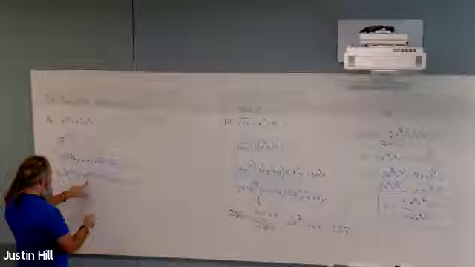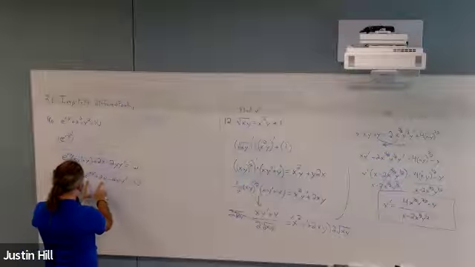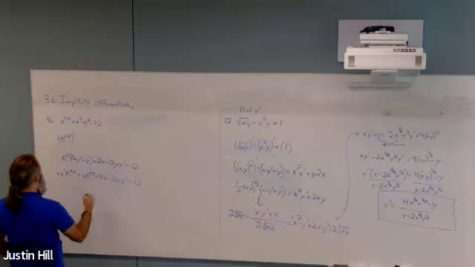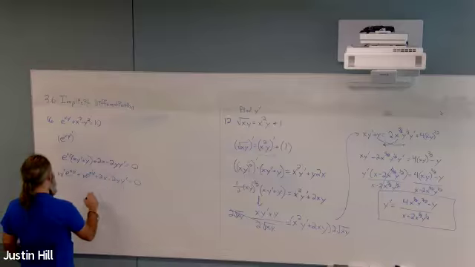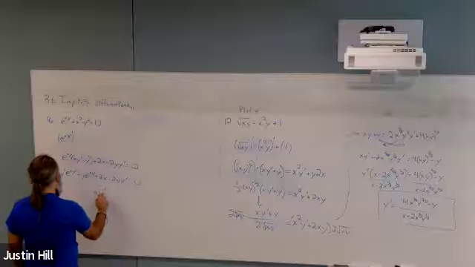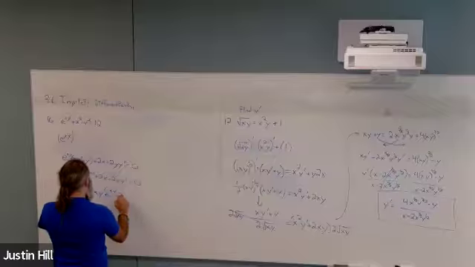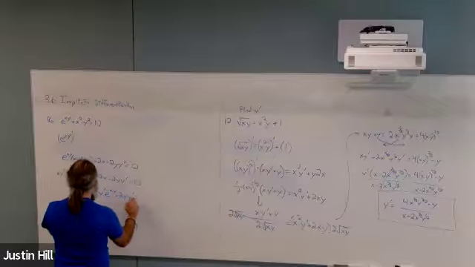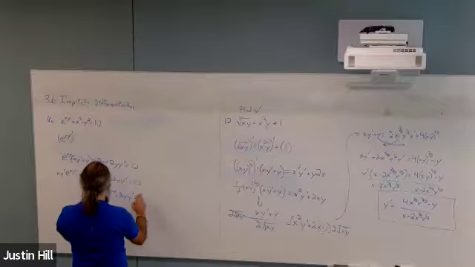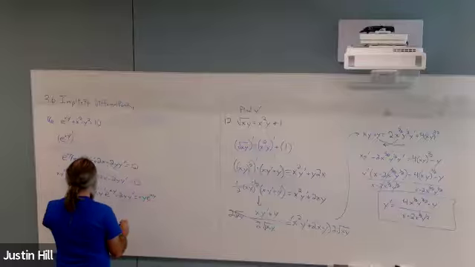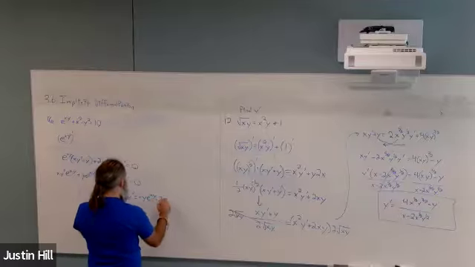That'll be this piece and this piece. Let's keep the others on the left. So we'll have x y prime e to the xy minus 2y y prime equals, both negative, negative y e to the xy minus 2x.